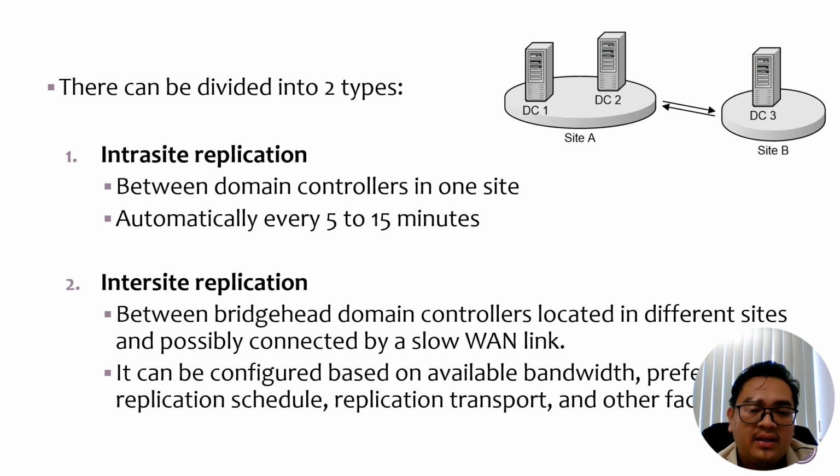It can be divided into two: first, intra-site replication, and then inter-site replication. Intra-site replication is between domain controllers in one site and occurs automatically every 5 to 15 minutes. But inter-site replication is between bridgehead domain controllers located in different sites and possibly connected by a slow WAN link.